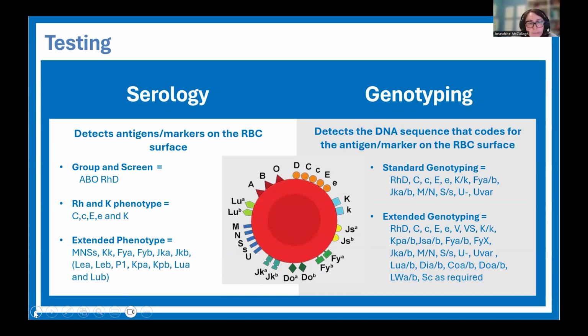So currently genotyping isn't performed routinely for donors, but we do perform genotyping on some of our patients, and mainly for those patients who are more likely to develop antibodies, so patients with sickle cell disease or thalassemia. In an ideal world, we would genotype both donor samples and patient samples on every sample that comes in to find the correct donor for the patient.